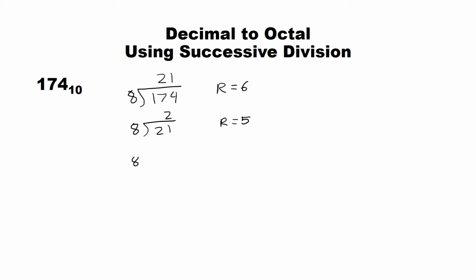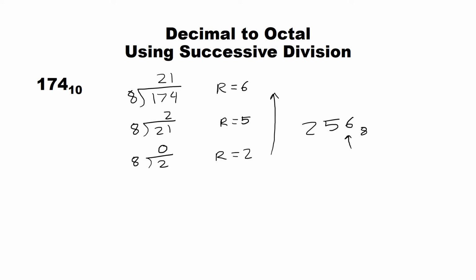And finally, I do 8 into 2. 8 into 2 goes 0 times, and you keep dividing until you get 0. My remainder is 2, and that is my number, and you read it from the bottom up. So the number is 256 in base 8.